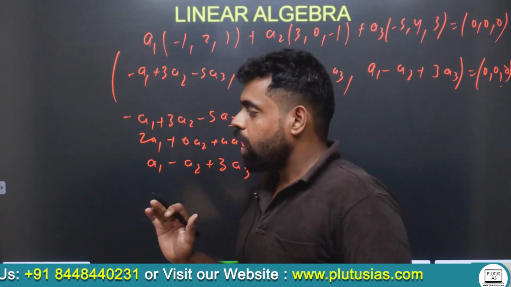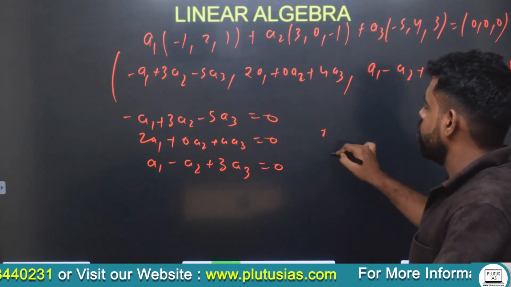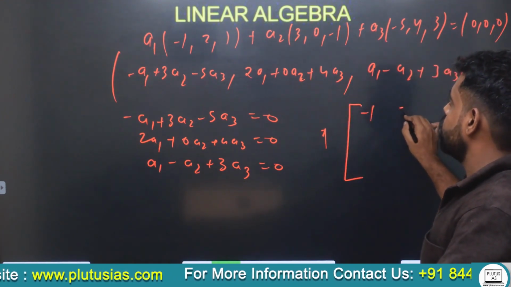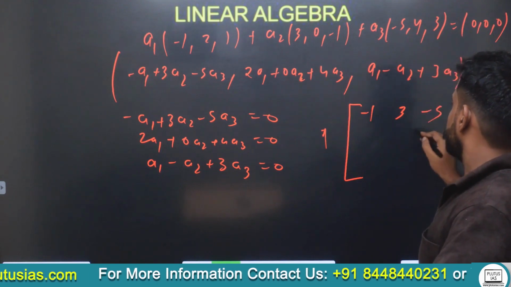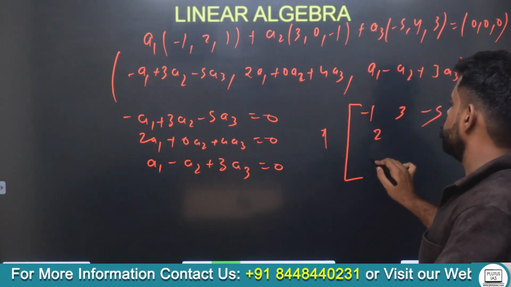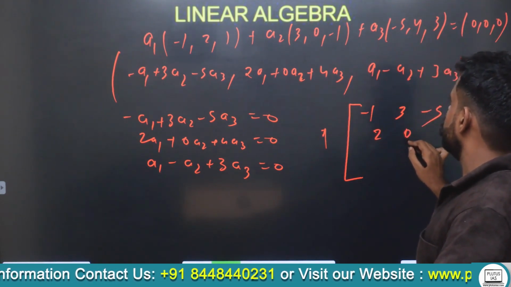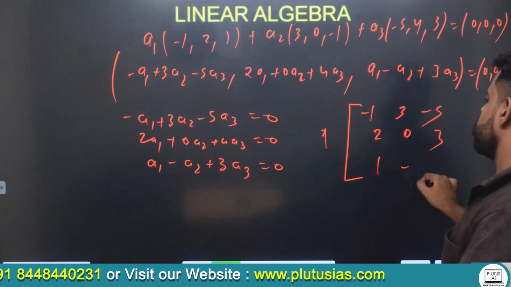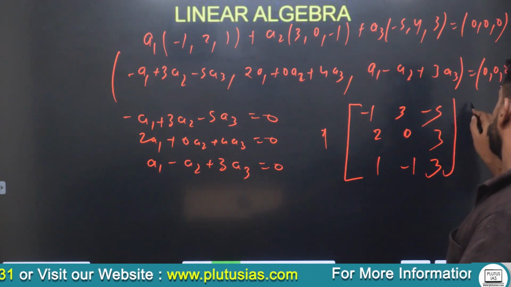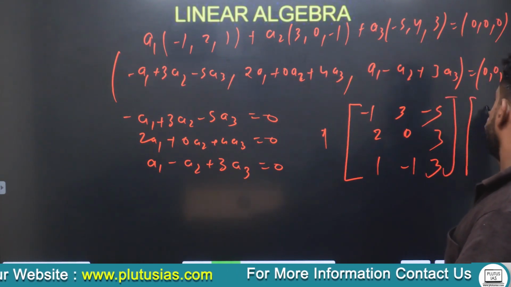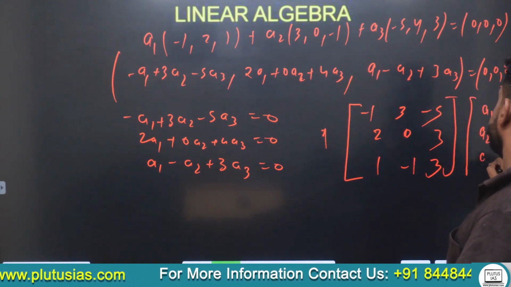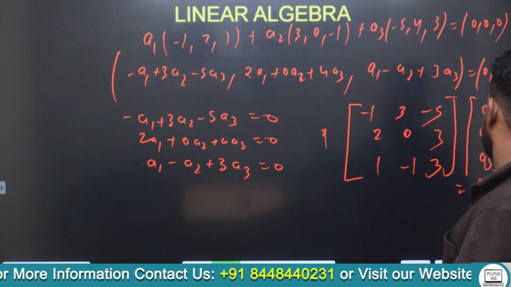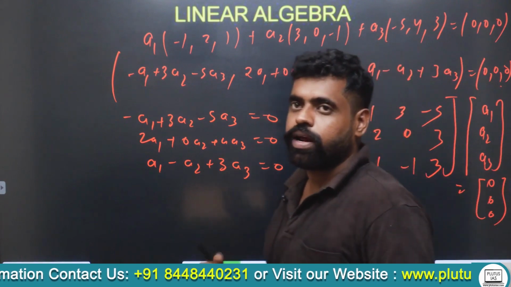Another thing to see is, if I write this in the matrix form, this would be -1 3 -5, 2 0 3, 1 -1 3, into A1 A2 A3, is equal to 0 0 0. This is what you have to solve.